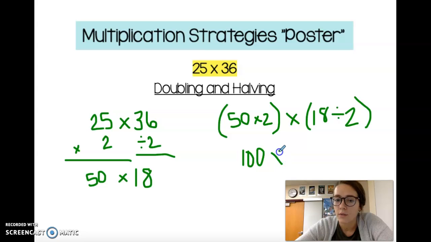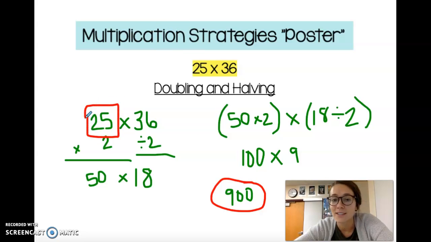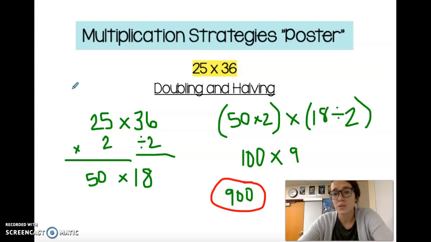And now I have 100 times 9, and my answer is a nice, beautiful 900. So especially when you see this number 25, we know that it's a really good idea to use a double, double, and then a half, half, or double and halving strategy to help you out. You can do this with any number.